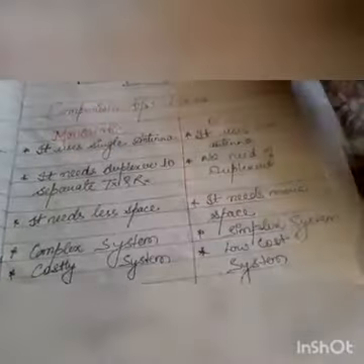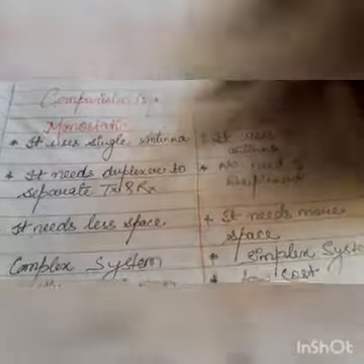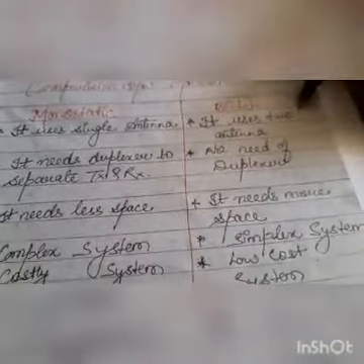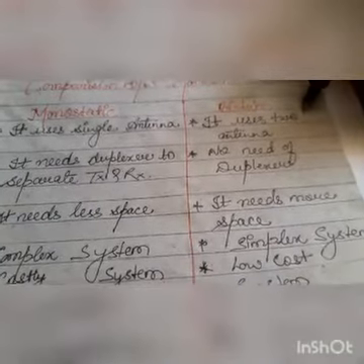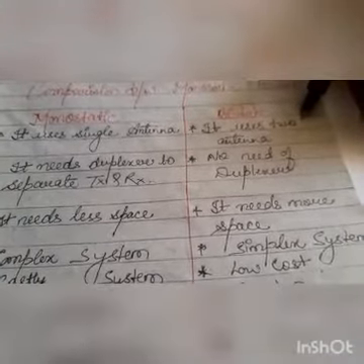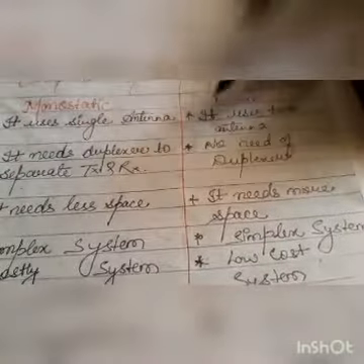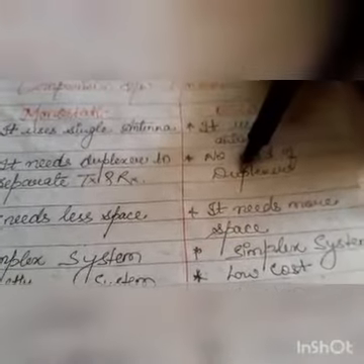Now there is a comparison between monostatic and bistatic radar. In monostatic we use a single antenna, and in bistatic we use two antennas. As we have seen in the diagram, monostatic needs a duplexer to separate the transmitter and receiver, while bistatic has no need of a duplexer. Monostatic needs less space, bistatic needs more space.